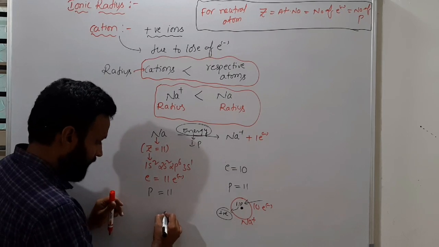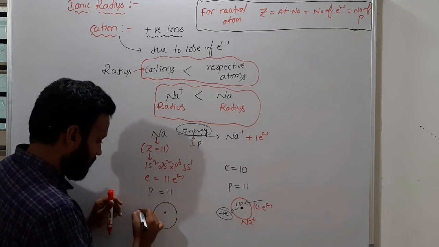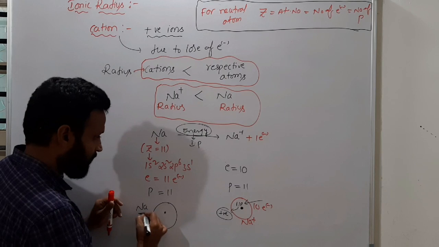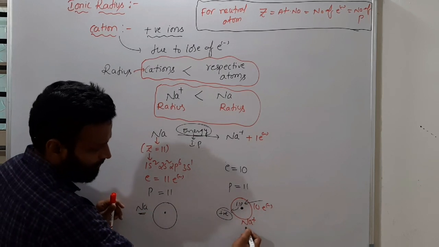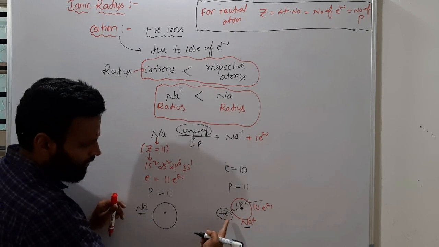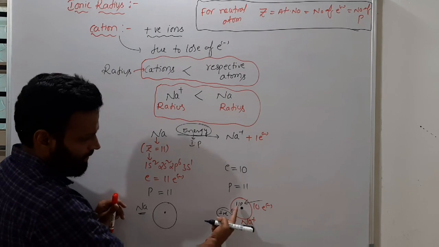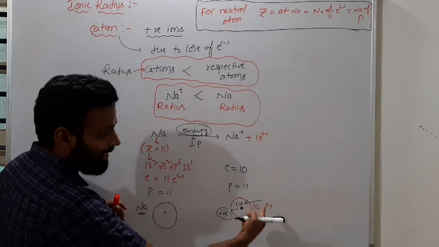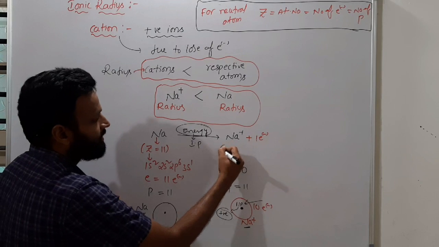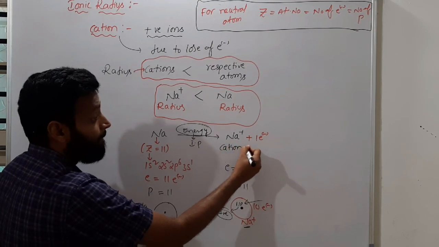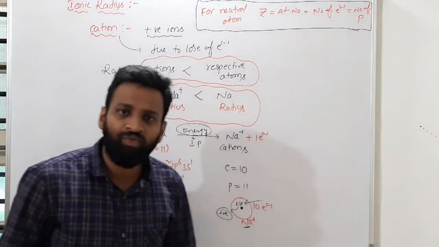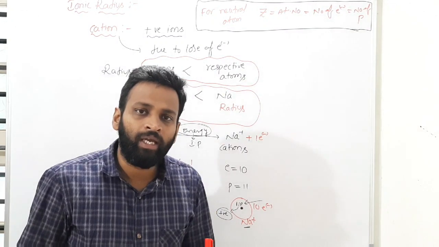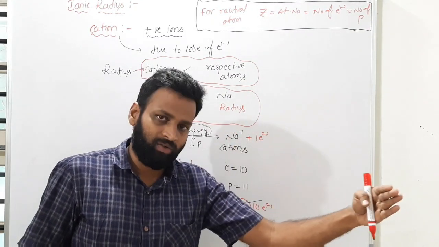Whereas for sodium, electrons as well as protons are both the same. So this is sodium, this is Na+. For Na+, protons are more and electrons are less, because cations form due to loss of electrons.